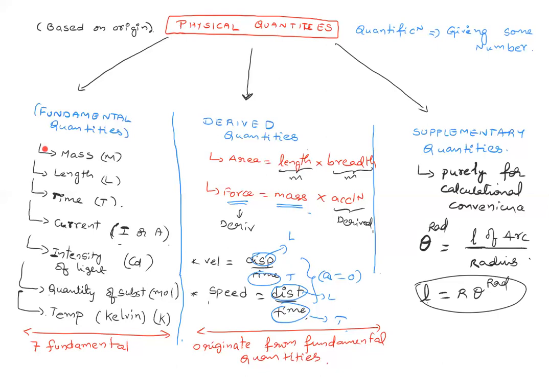There are 7 fundamental quantities: mass, length, time, current, intensity, quantity of substance, and temperature. All derived quantities originate from fundamental quantities directly or indirectly, and supplementary quantities we define for calculation convenience. So this classification is based on origin.